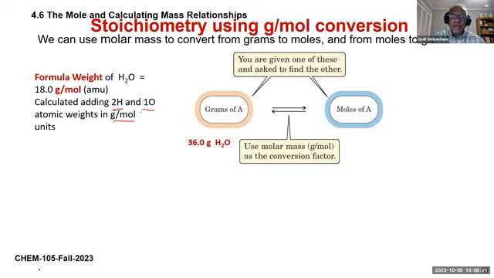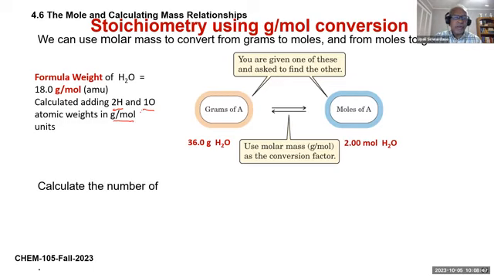So you use the formula mass or molar mass to convert. You get 2 moles of water. How do you get 2 moles of water from 36 grams? 36 divided by formula weight or molar mass. So 36 divided by 18 is 2.